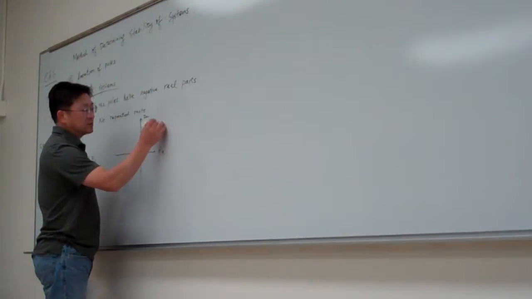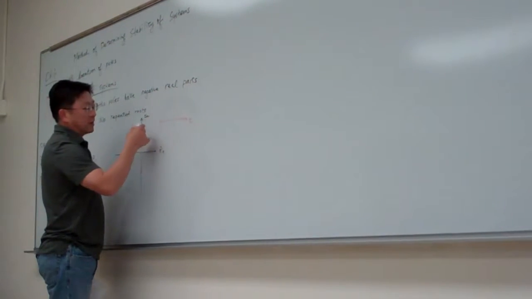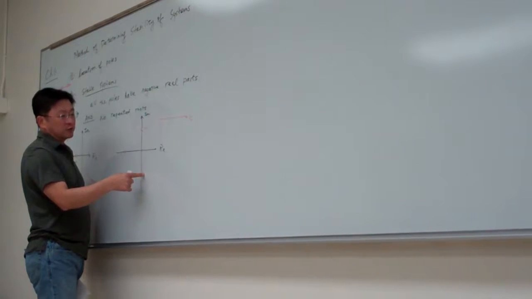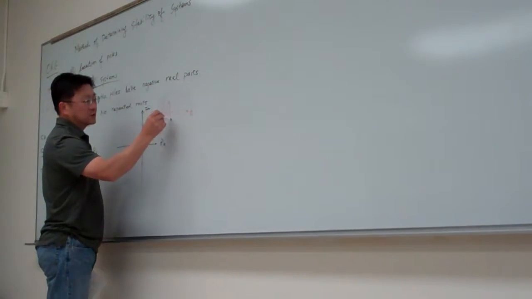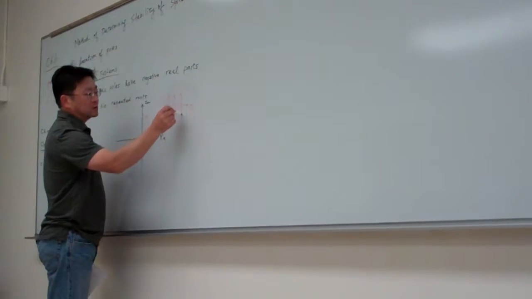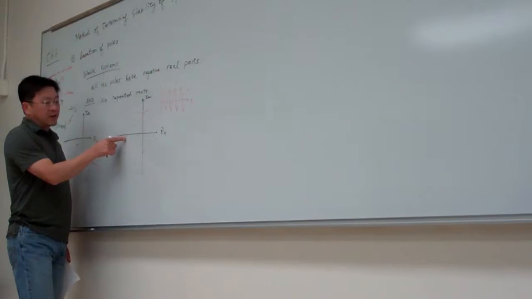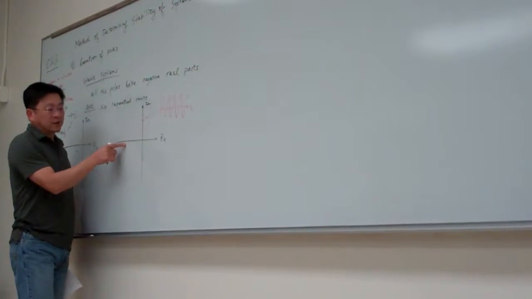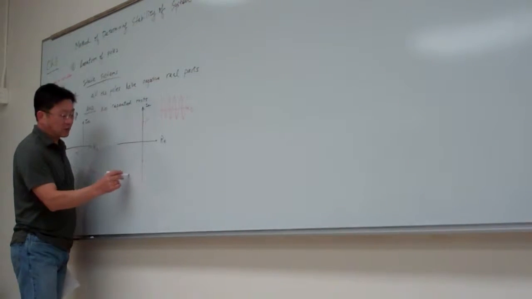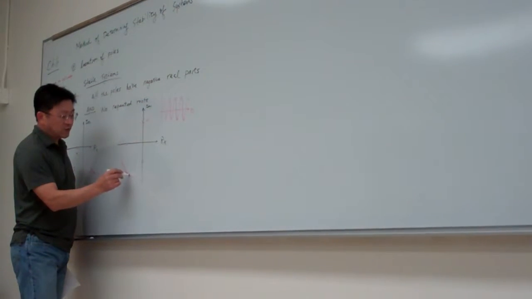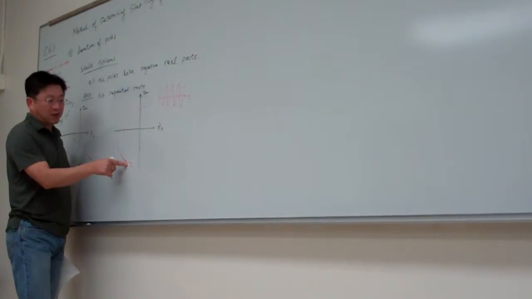So the response schematically is this. Here there is no exponential decay, so it is pure sinusoidal oscillation. Although this one has a pole with a negative real part, it decays quickly, so its response is exponential decay.